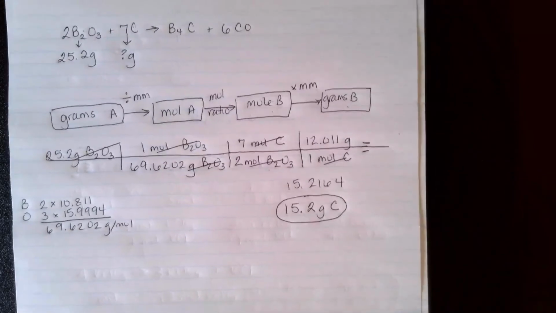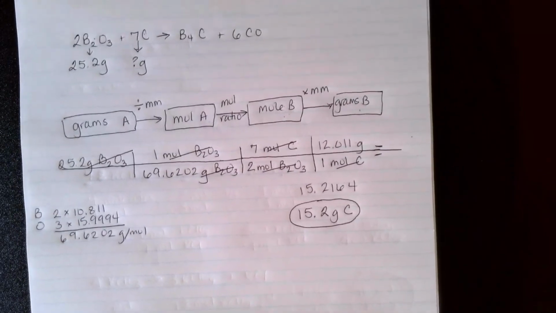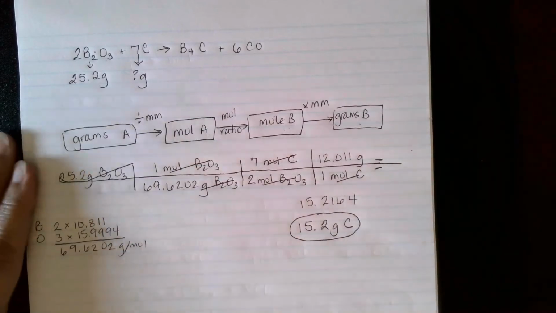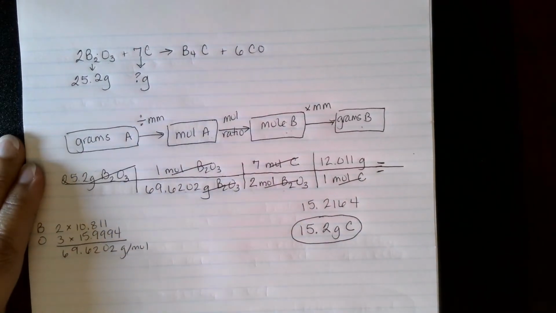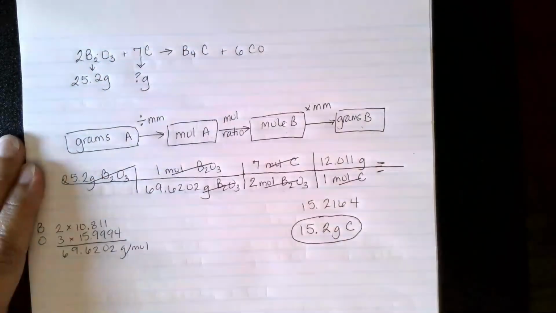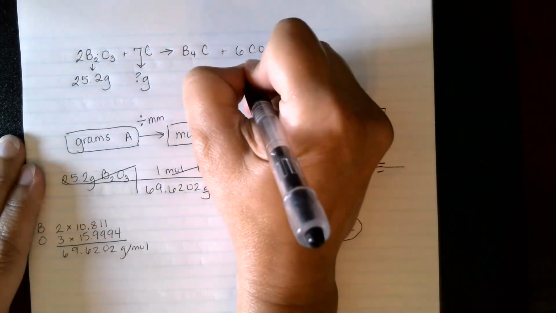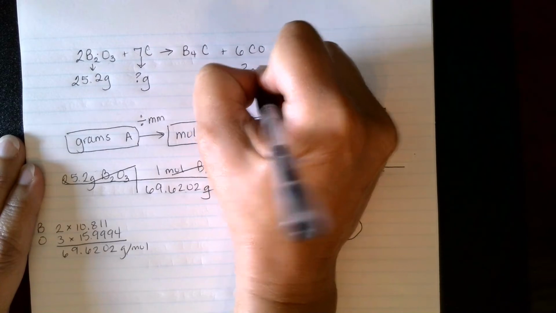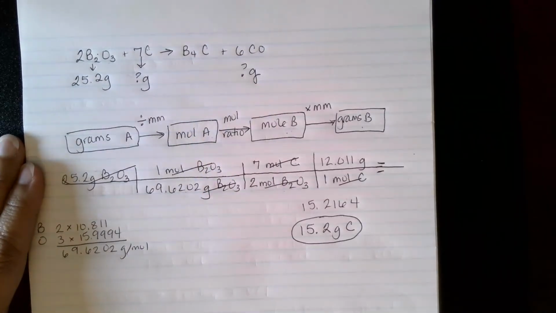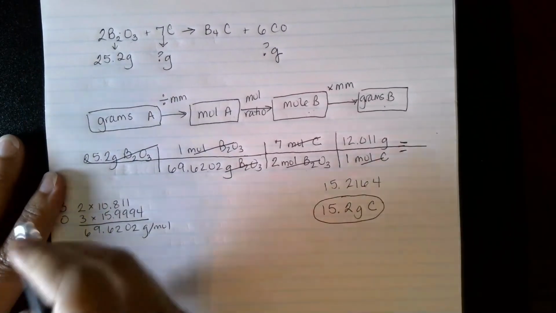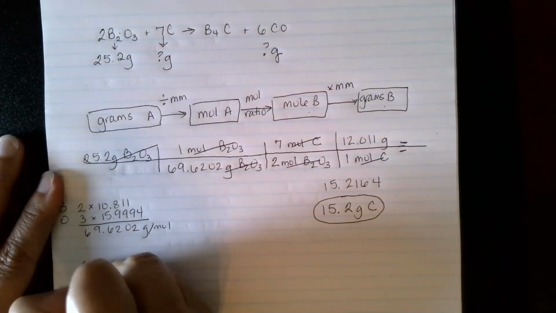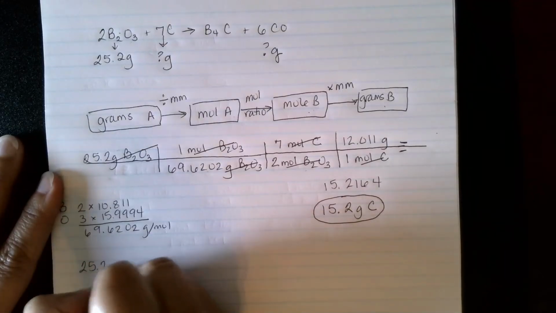Alright, let's say we're going to use the same equation, and I'm still going to start with 25.2 grams of that term, but let's say they ask me to find carbon monoxide. So I still start with my same term, 25.2 grams of B2O3.